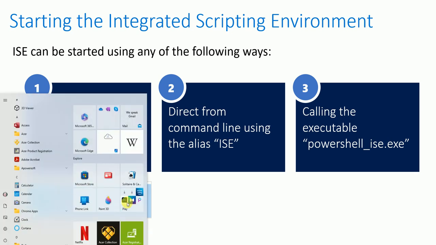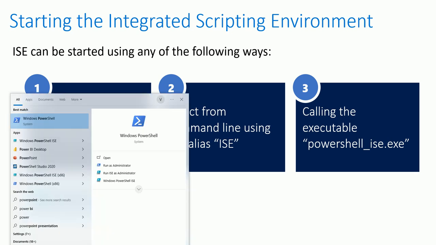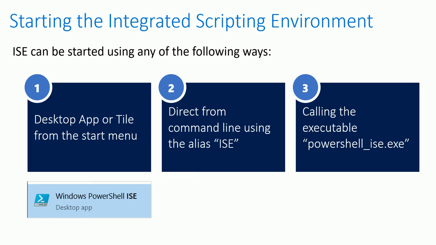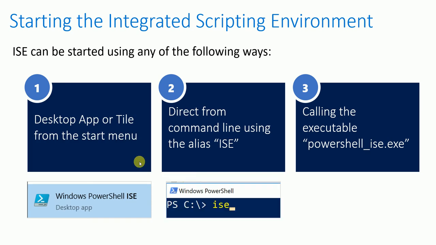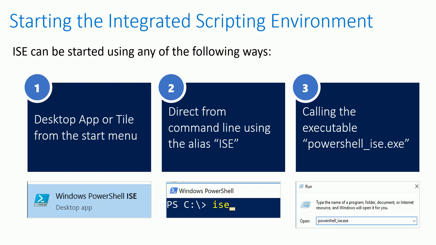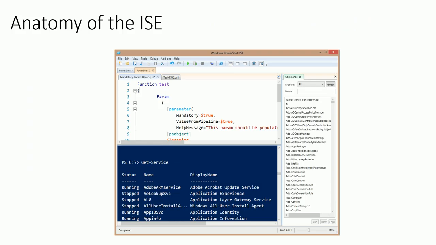Like here you can type Windows PowerShell and ISE is here, so you can click and it will open. Another way is, if you already opened a normal PowerShell, you can type ISE and hit enter, so ISE mode will open. The other way, you can just press Windows+R and type powershell_ise.exe. So these are the three ways to open your ISE PowerShell.